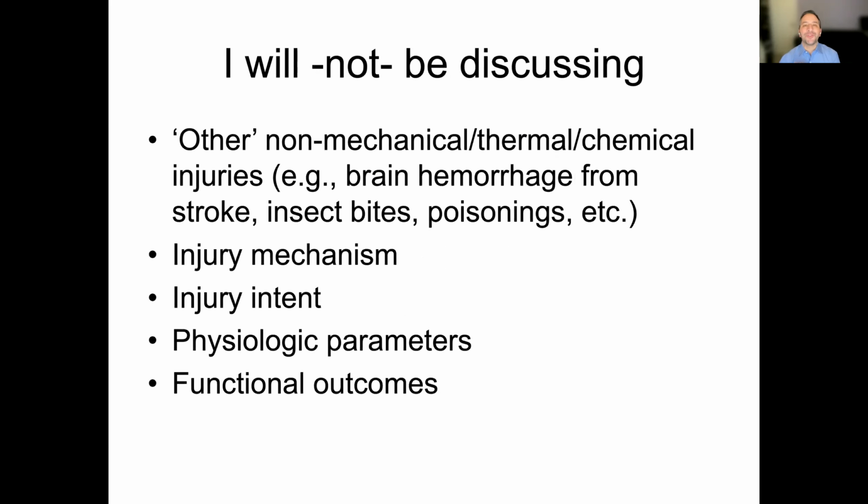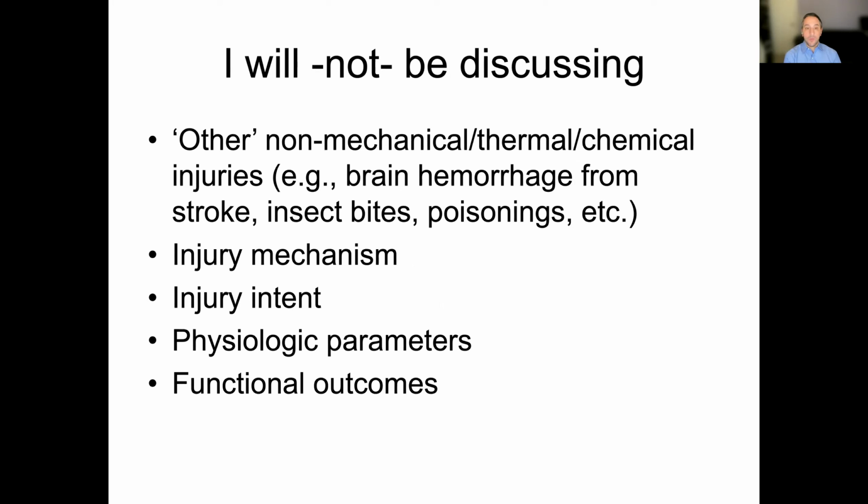So notably, I will not be discussing other non-mechanical, thermal, or chemical injuries. The focus here is going to be on those injuries that can be categorized using the Abbreviated Injury Scale score.